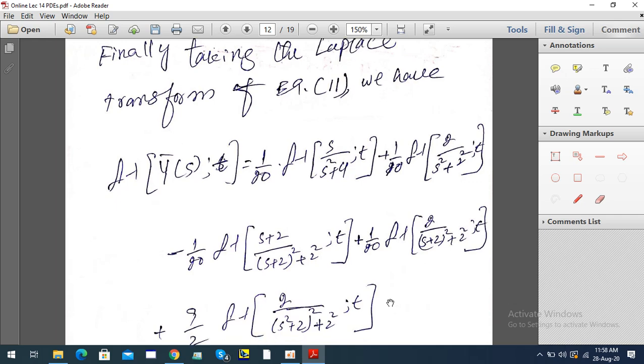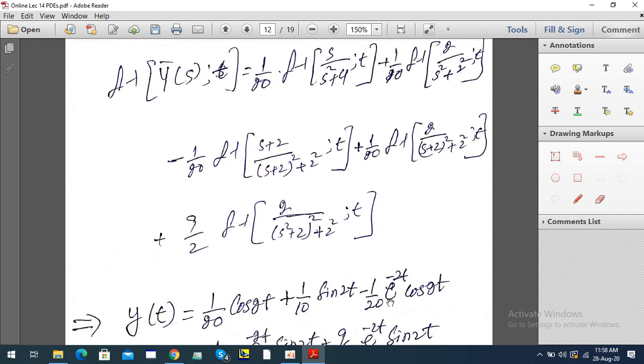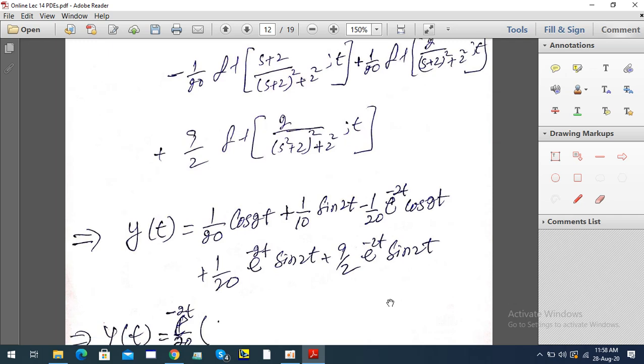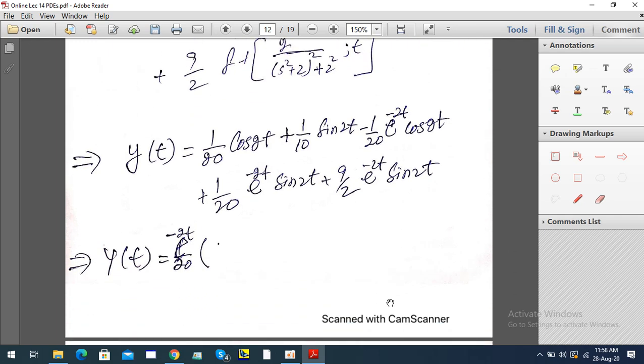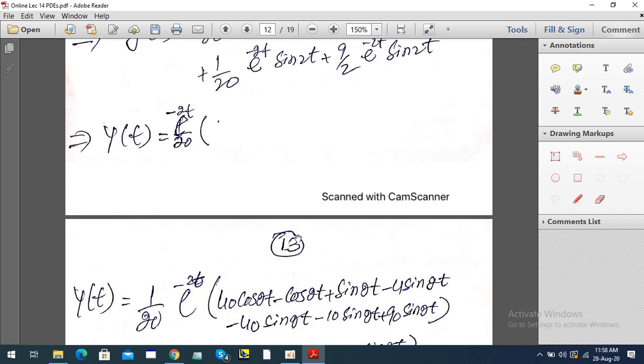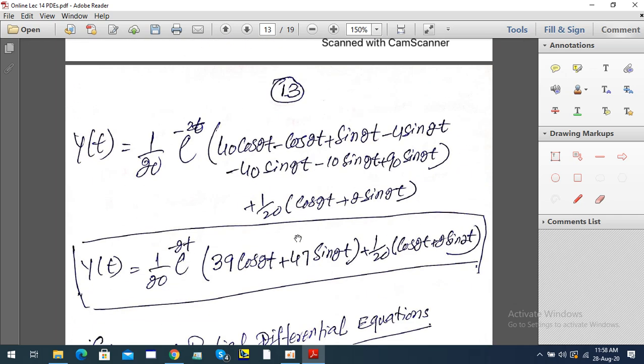So finally, taking the Laplace inverse, I have taken this already. So you can see 1 by 20 cos 2t, 1 by 10 sin 2t, minus 1 by 20 e power minus 2t cos 2t. So you can see here the y(t), I have just taken common 1 by 20 e power minus 2t. So you will get this thing plus 1 by 20 cos 2t plus 2 sin 2t.